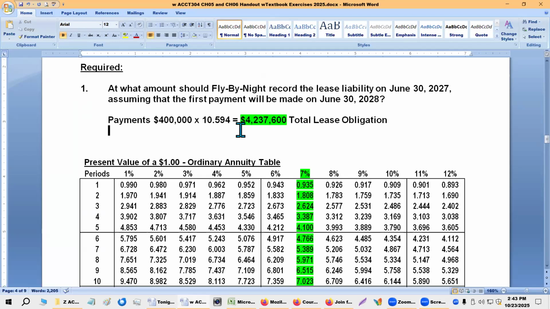Lease obligation. Okay, so let's see. I'm going to break this up into lease obligation current.